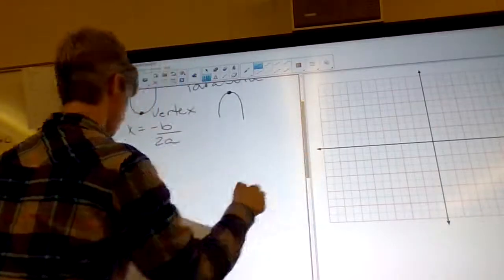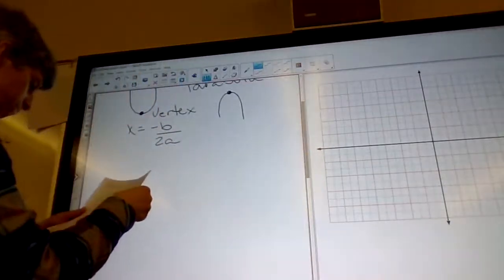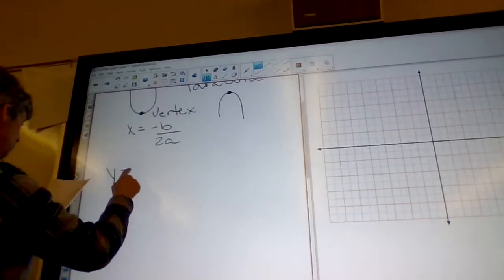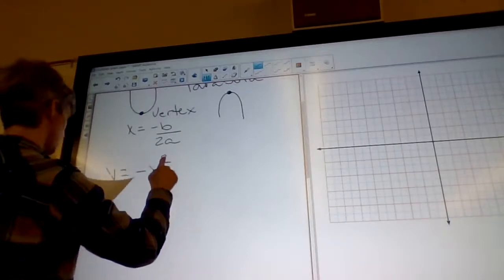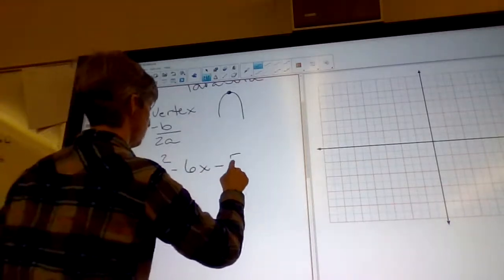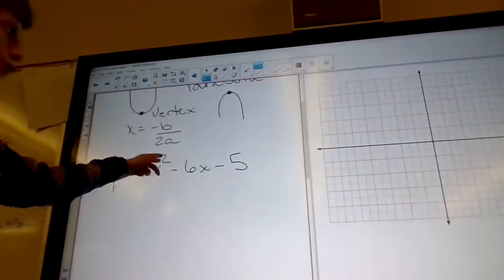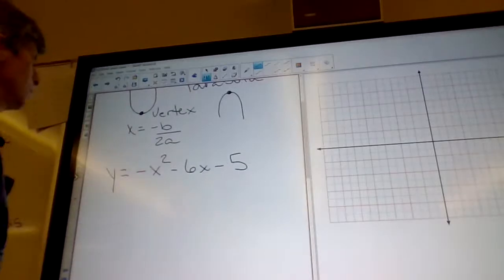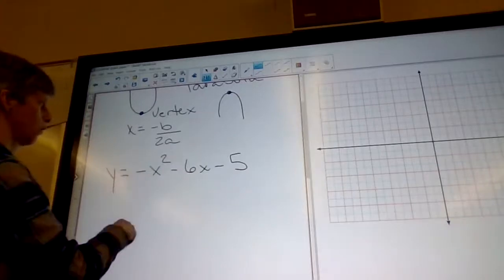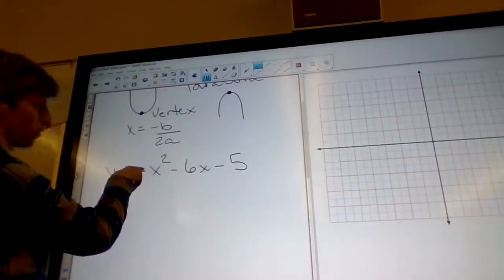Now, a quadratic equation looks like the following: y equals negative x squared minus 6x minus 5. The quadratic equation has a squared term in it. In this case, our coefficient is negative 1, because there's not a number in front.